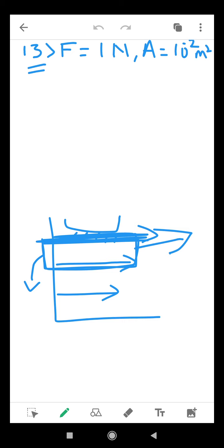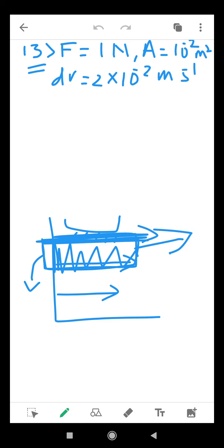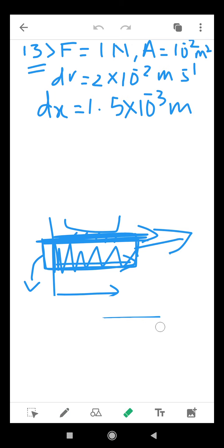The velocity of this layer, so here the velocity will write dv as 2 into 10 to the power minus 2 meter per second. And thickness you can call as dx, because in the formula you write it with dx, or you can write dy also, no problem. 1.5 into 10 to the power minus 3 meter. So you have to find the coefficient of viscosity.